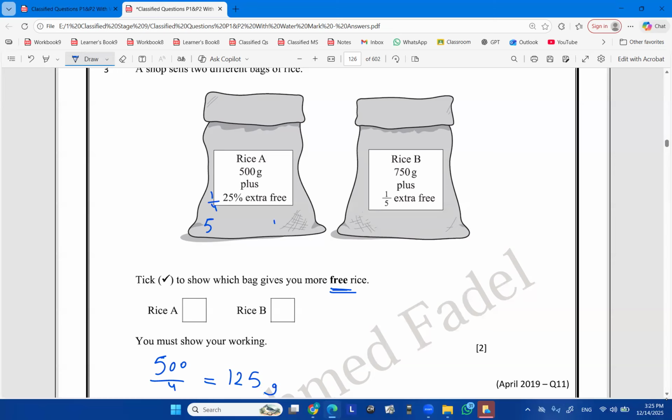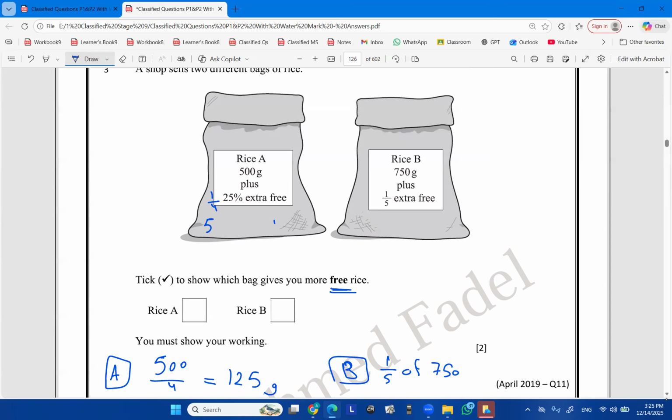So 500 divided by 4 is going to give you exactly 125 grams. This is A. Bag A will give you an extra 125 grams, while bag B will give you 1/5 extra. So what is 1/5 of 750?